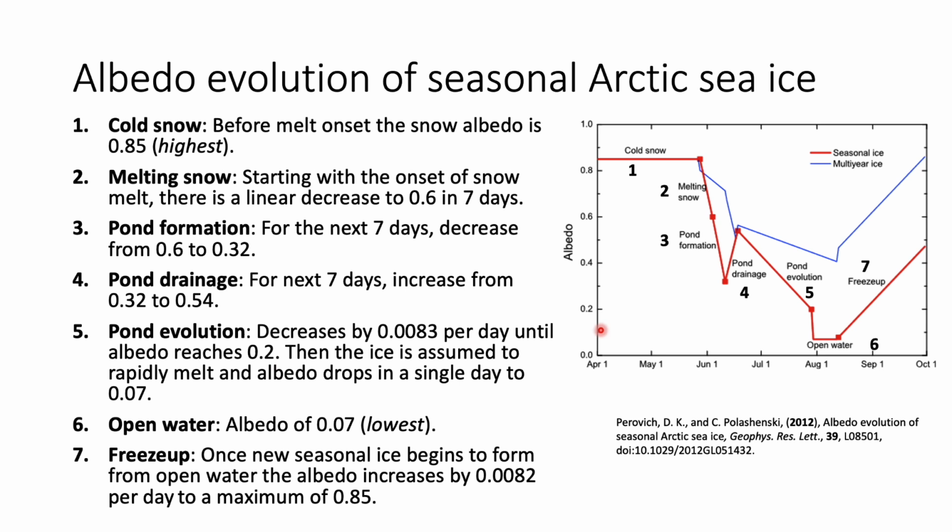That is what we see here, and then it directly drops to the open water, and then it freezes up later on during the winter season. The albedo again increases, here shown up to 0.4. This again increases and reaches the cold snow level, which is 0.85. So this is the overall cycle of the albedo with respect to snow and ice in the Arctic region.